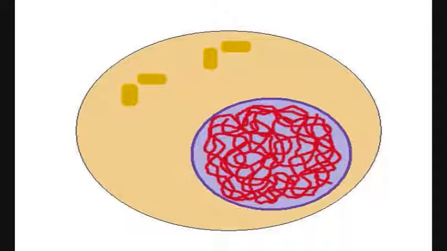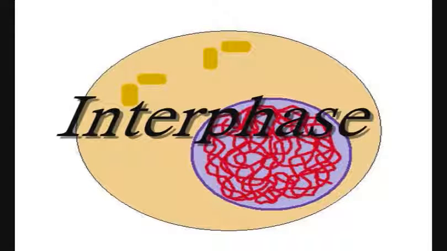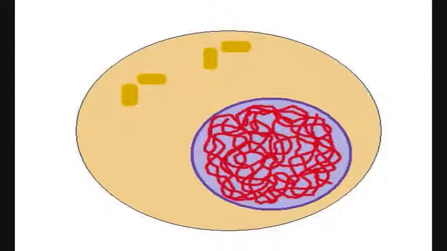Now back to meiosis. The first stage of meiosis is interphase. During interphase, the cell gets ready for meiosis by duplicating its chromosomes and centrioles. The second stage is prophase 1, which is the longest part of meiotic cell division.